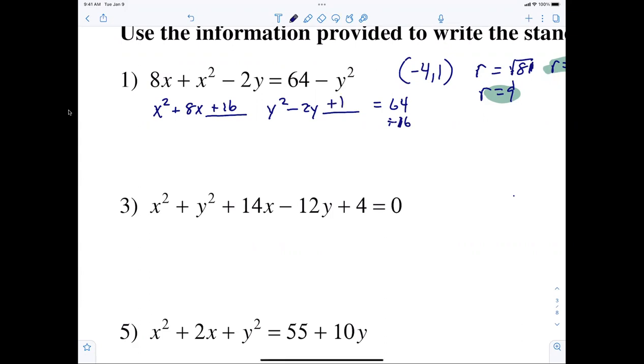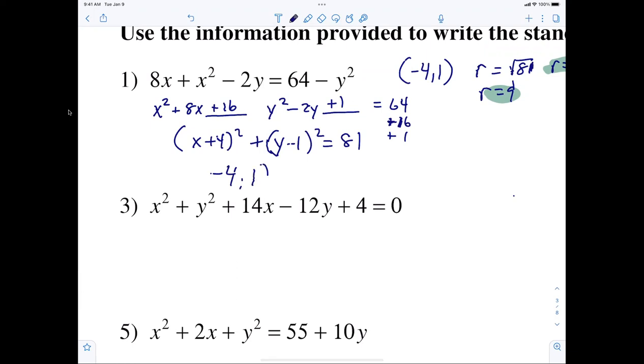Plus 1. So I have to add 1. All right. So now this always factors to whatever the half was: (x + 4)² + (y - 1)² equals, what does all that add up to? 81. So my center, of course, is (-4, 1). And I have a radius that is equal to 9. Yes.